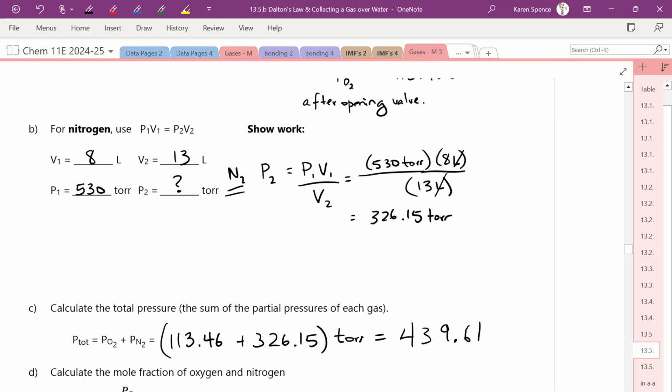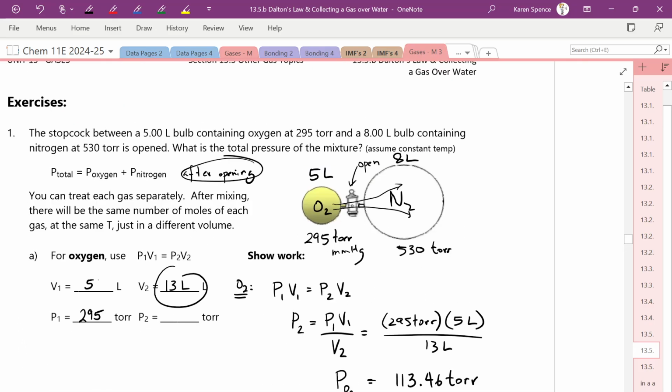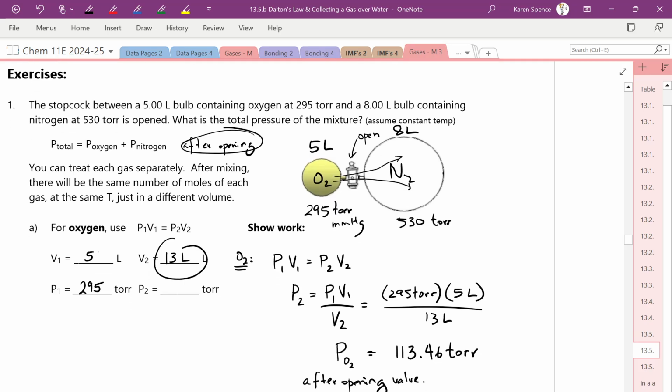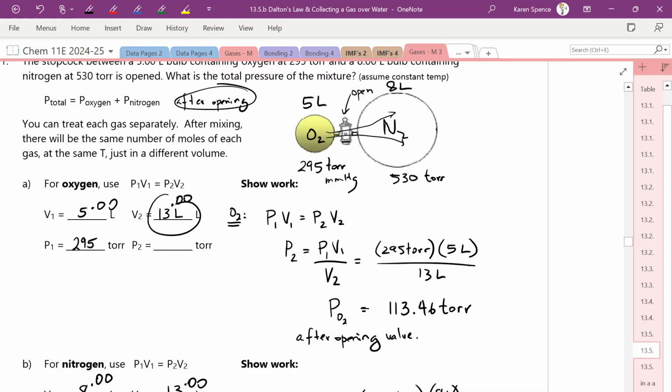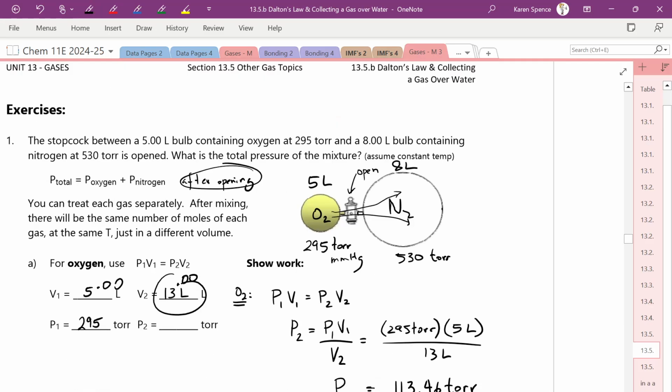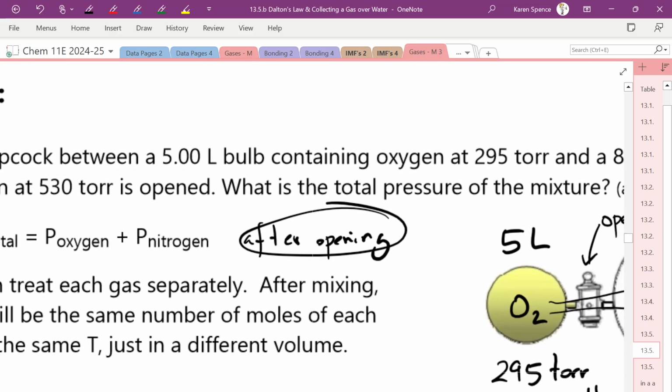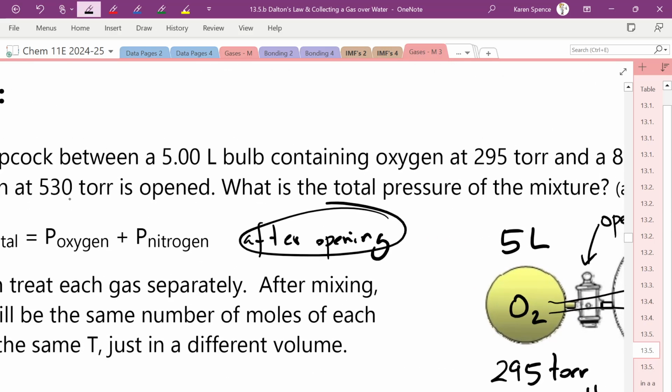We're not going to worry about sig figs here, okay? Because we have an 8 liter. How many is it? Oh, we have 8.00 liters. Okay, we can do sig figs then. Would you assume that 530 torr had 2 sig figs or 3 sig figs? 3, okay?